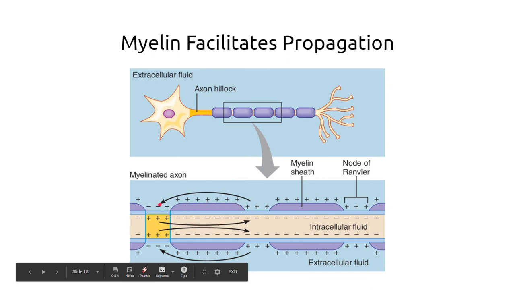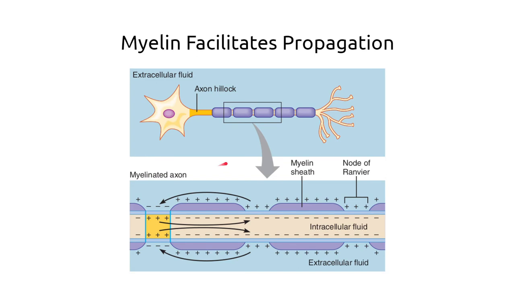The electrical current flows across there and everything's fine. That's why having myelinated neurons seems to be really useful for more efficient passing of information. But you still need this core mechanism in order to generate the spike in the first place.